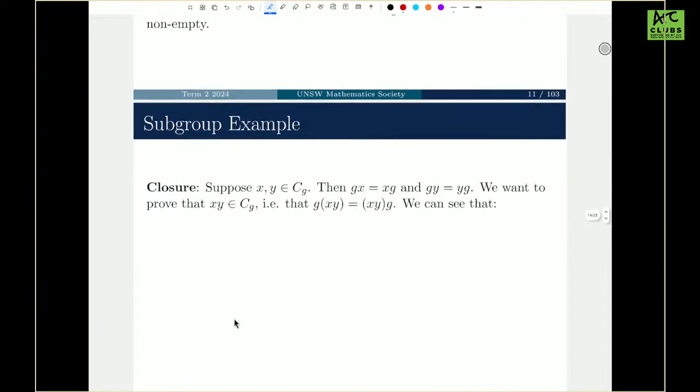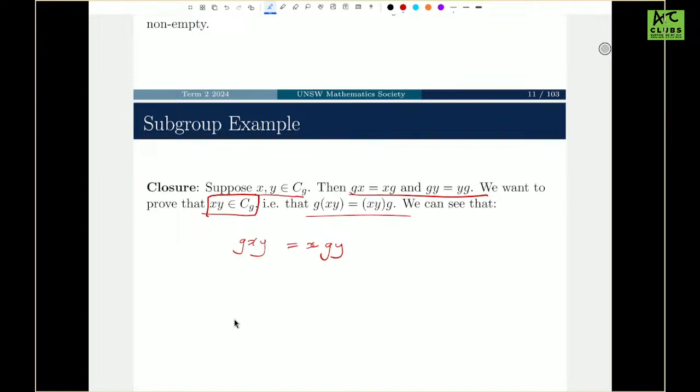Based on the expression you need to satisfy if we want an element to be in this group, we can say, okay, suppose x and y are in C(g), they have to satisfy these two things. Proving closure, we just need to show that this implies this. In other words, that. And this should be clear because gxy equals xgy.